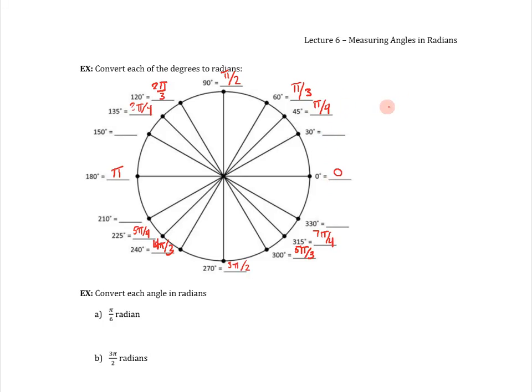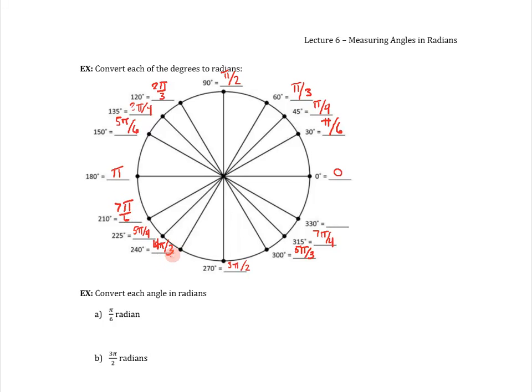Now 30 degrees is going to end up being pi over 6 when you multiply it by pi over 180. Okay, so adding 30 degrees at a time is going to get me 1 pi over 6, 2 pi over 6, 3 pi over 6, 4 pi over 6, and then down here is 5 pi over 6, 6 pi over 6, 7 pi over 6.